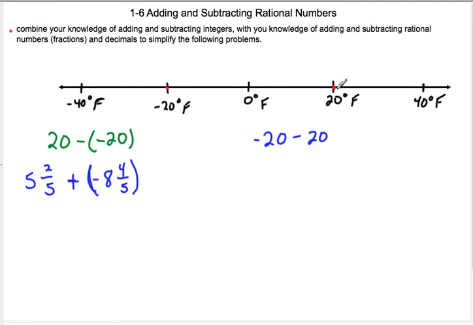So remember, when you're subtracting, it's not always really like subtraction, because when you go past 0 here, we're actually needing the distance from here to here and the distance from here to here. So it's actually going to be 20 plus 20, and so the difference is actually 40 degrees Fahrenheit.